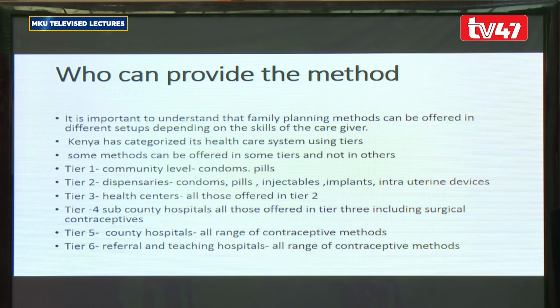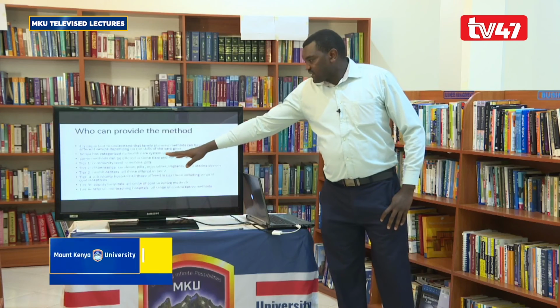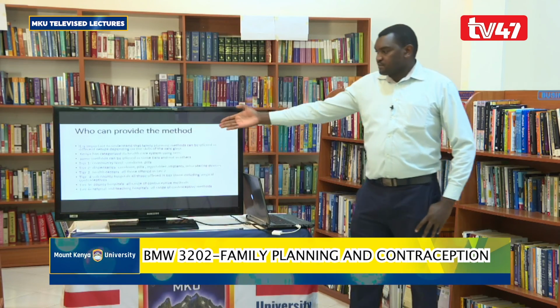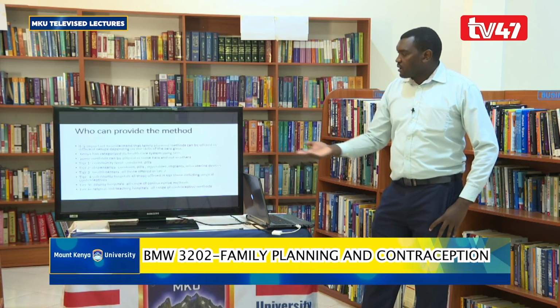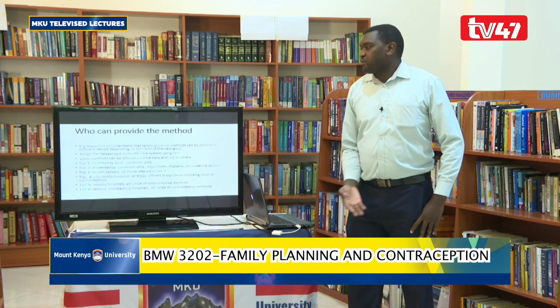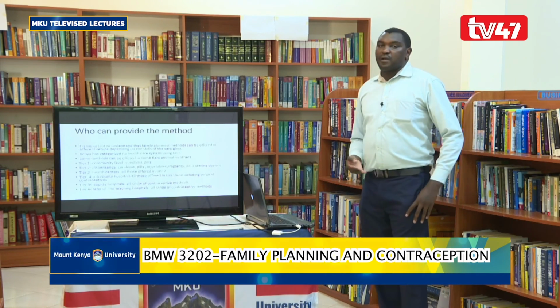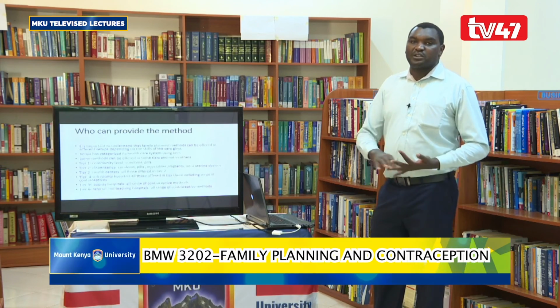It is good to know, are you proficient enough to offer this service? And therefore, some of the family planning methods can be offered at level 1, community health level. This is where you have the community health workers, the community health volunteers.